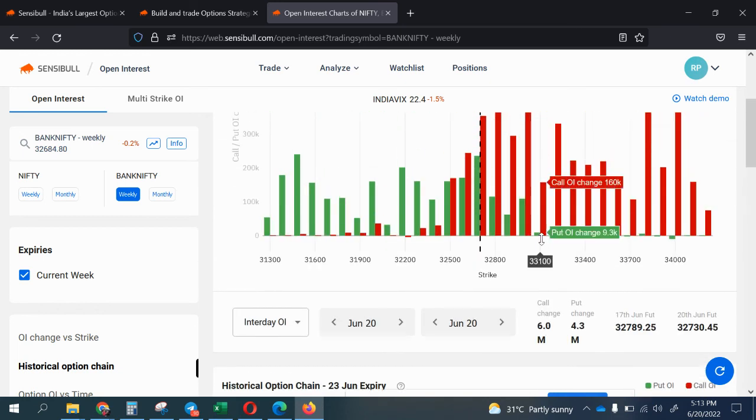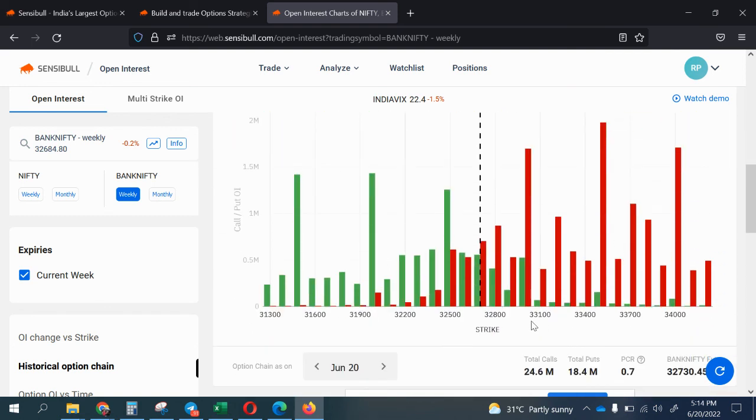See, there is a good amount of OI build-up on the 33,200, and the other one was 33,600. This is your 33,600. You have a good decent open interest build-up at both the strikes, the ones which you have selected for your ratio spread.